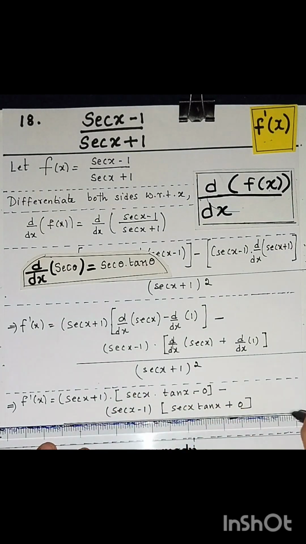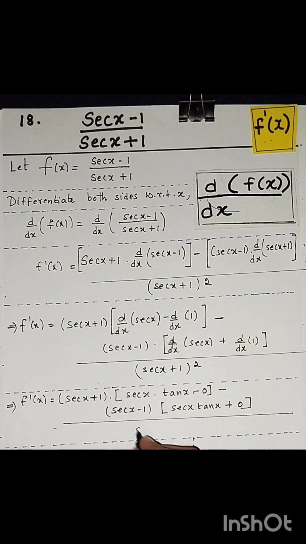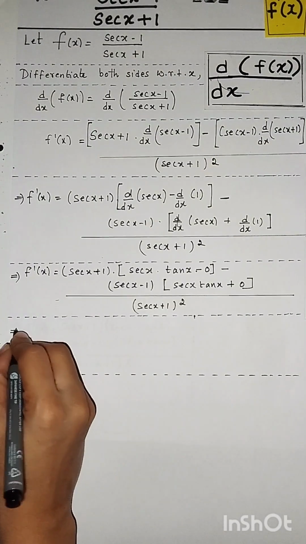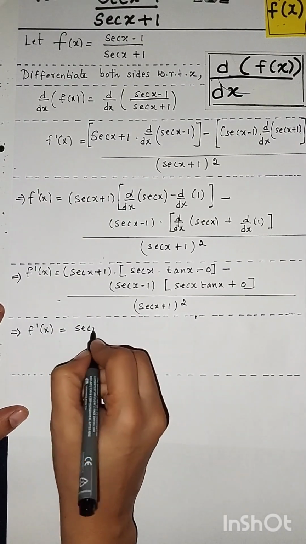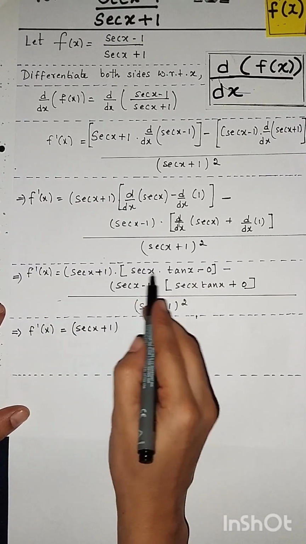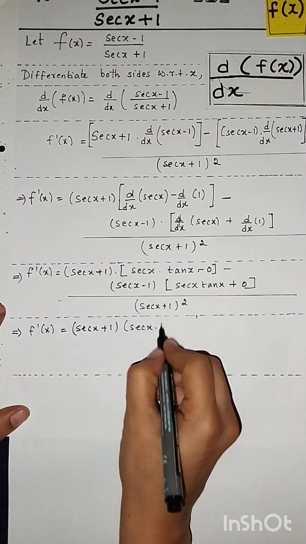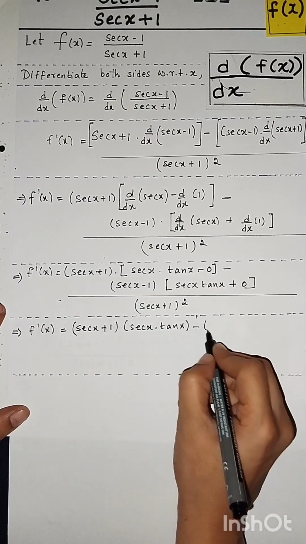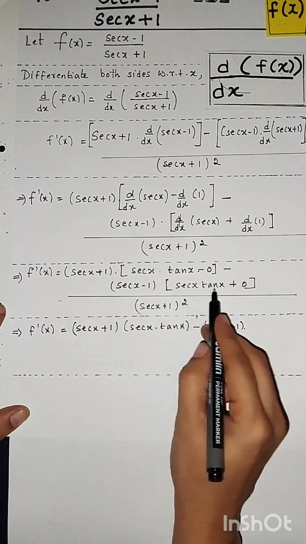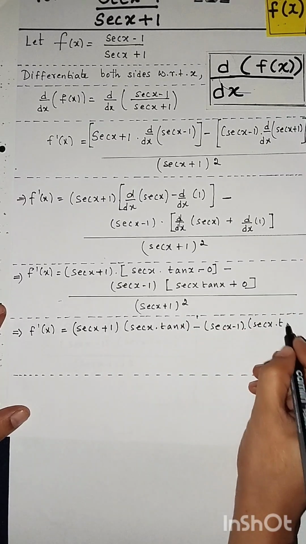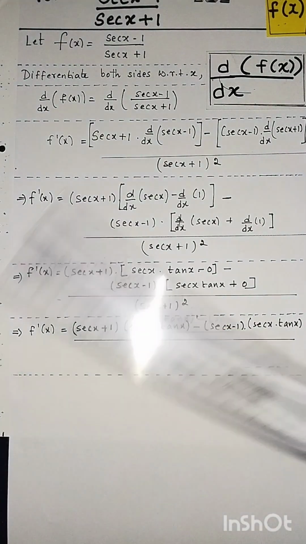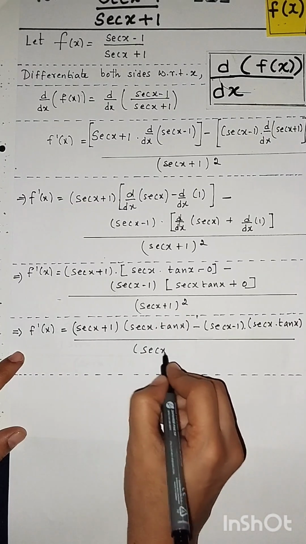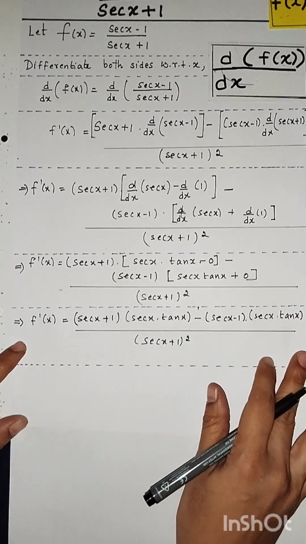So in the denominator it is secant x plus 1 the whole square. Now this implies f dash of x is equal to secant x plus 1 into, here you will have secant x into tan x minus secant x minus 1 into secant x into tan x. So in the denominator it is secant x plus 1 the whole square.